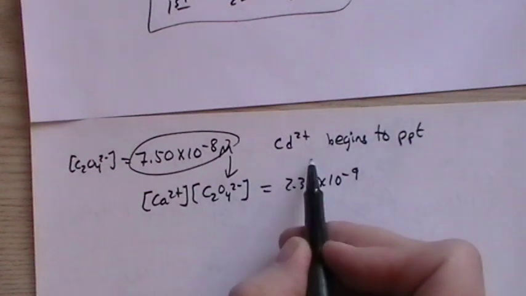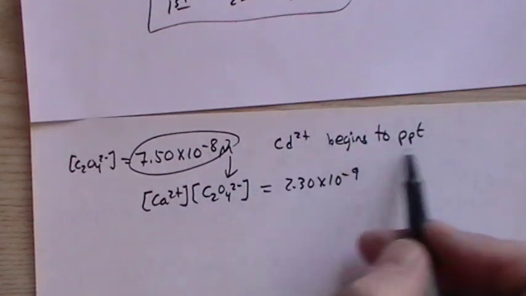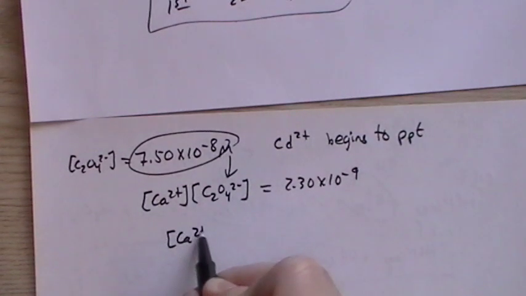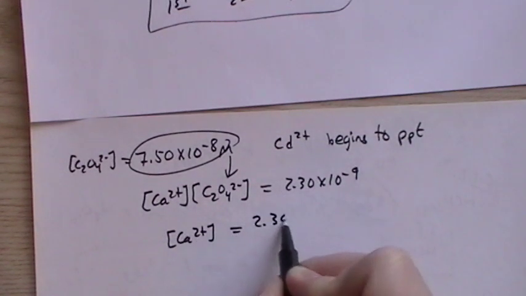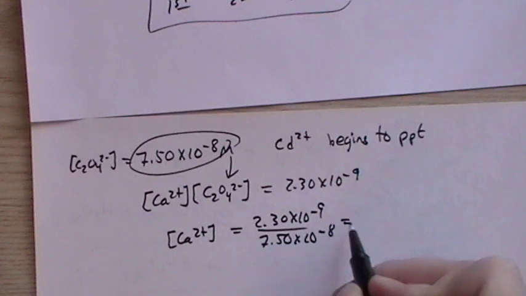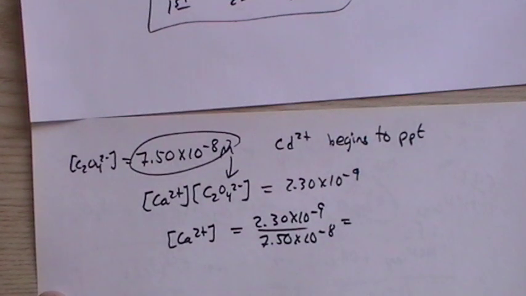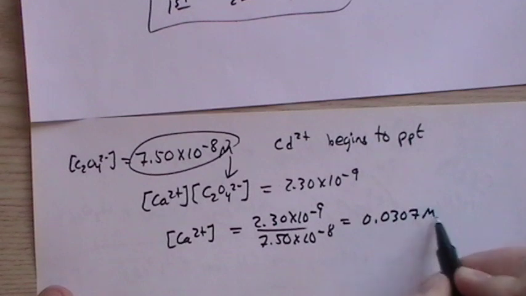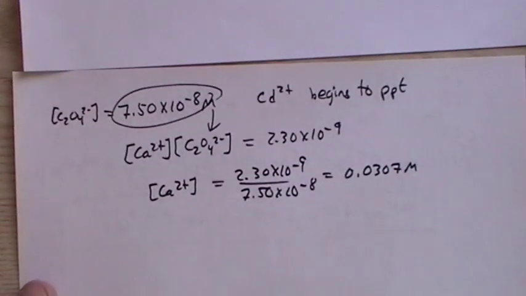We found it from the cadmium expression when it begins to precipitate out, but if we put it into the calcium one, it tells us how much calcium ion is left. And that gives us 0.0307 molar.